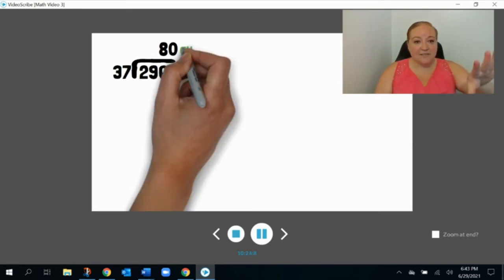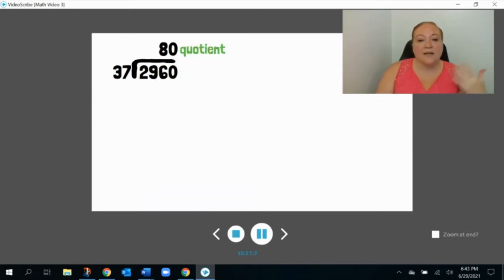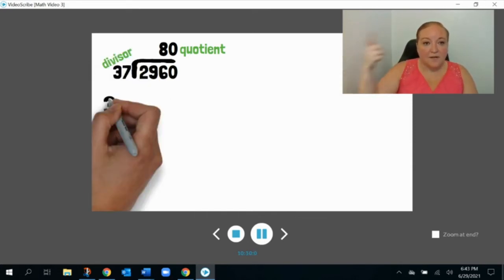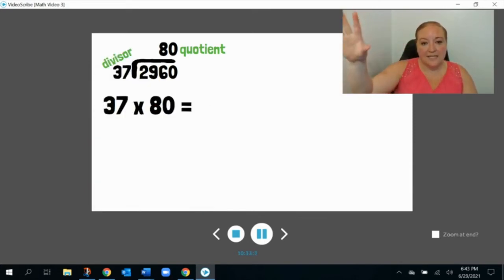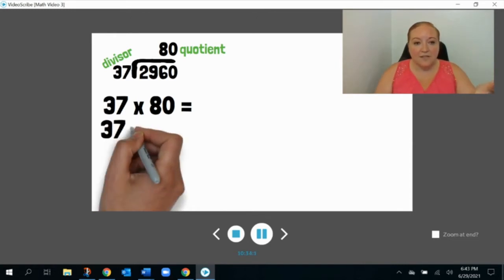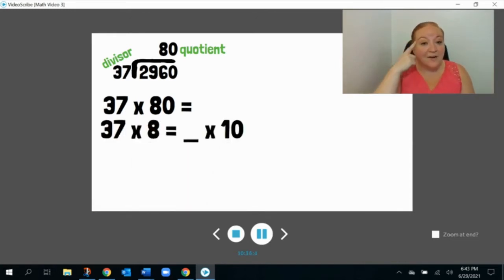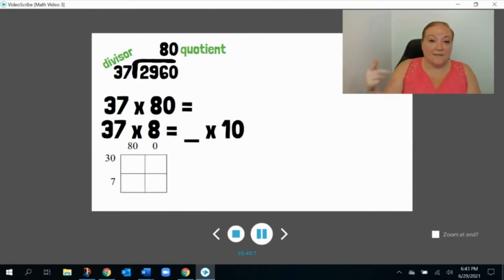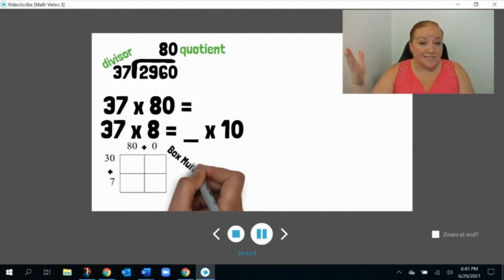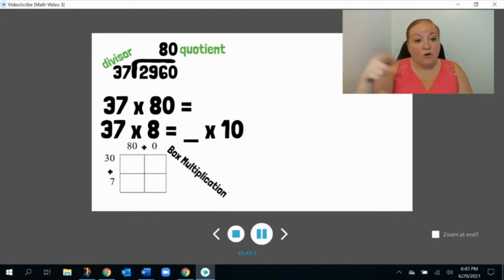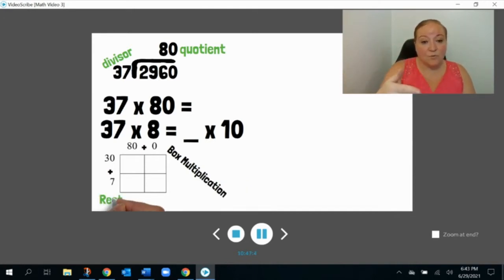So let's take our answers, 80 and 37, and make that our multiplication problem. Now, if you remember from earlier, we're going to take the quotient and the divisor, and we're going to multiply that. Now, in my head, I can't do 37 times 80, but maybe I can do 37 times 8 times 10 times as many, or maybe I want to use this array.